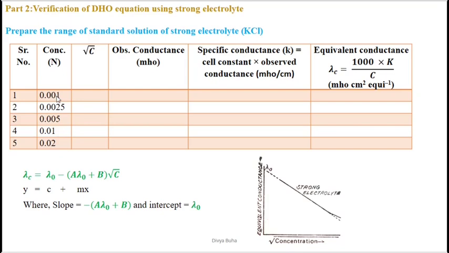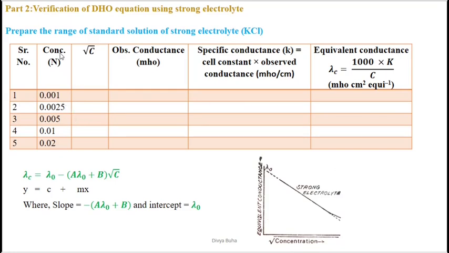So we are not taking solutions more dilute than 0.001, because below this the Onsager equation won't give you the variation in equivalent conductance. This is the most dilute solution which we are taking.